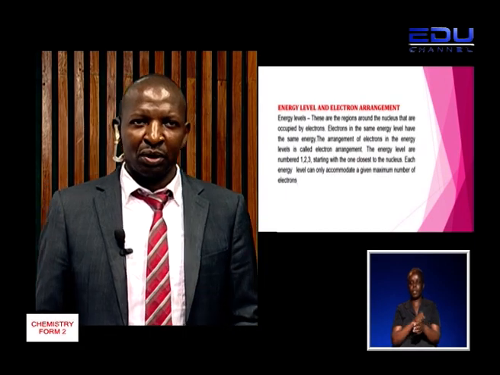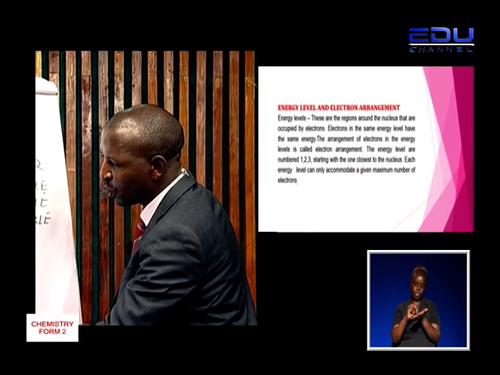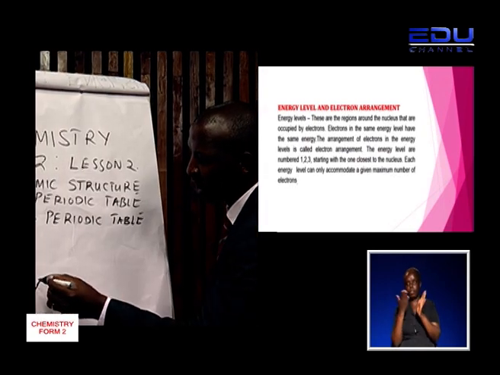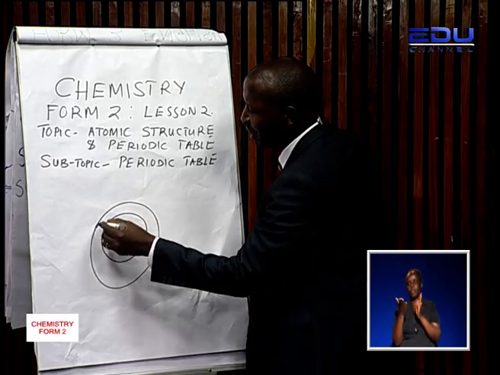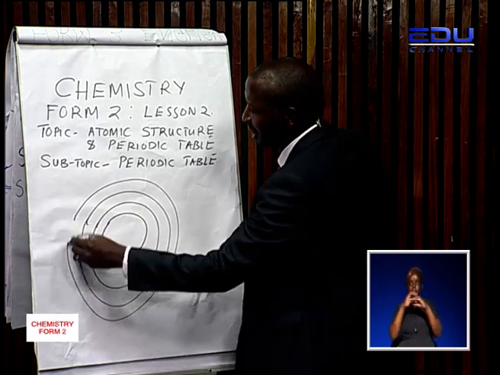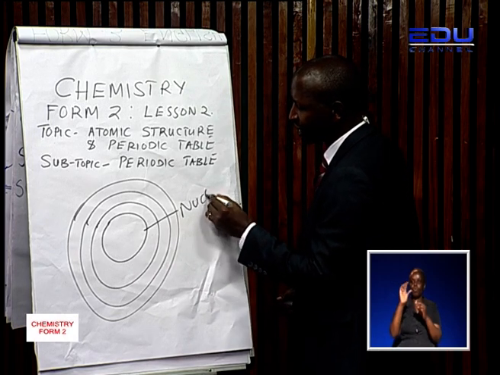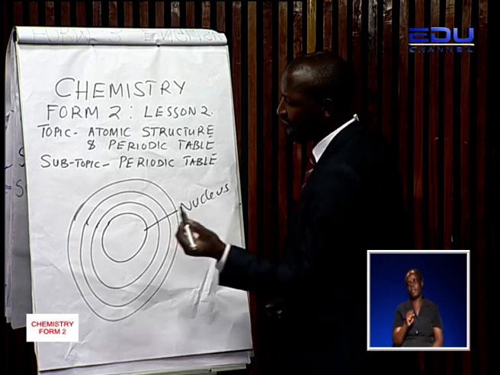In an atom, we have the nucleus, as can be shown here. Surrounding the nucleus, we have the energy levels.